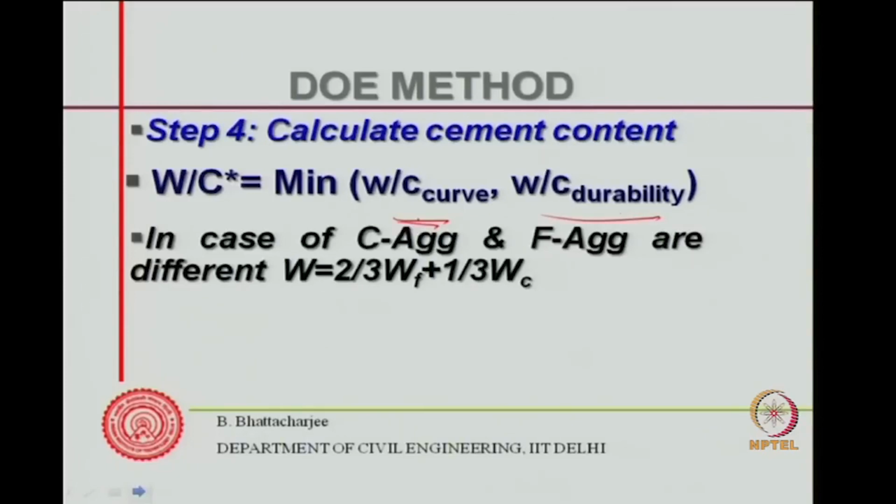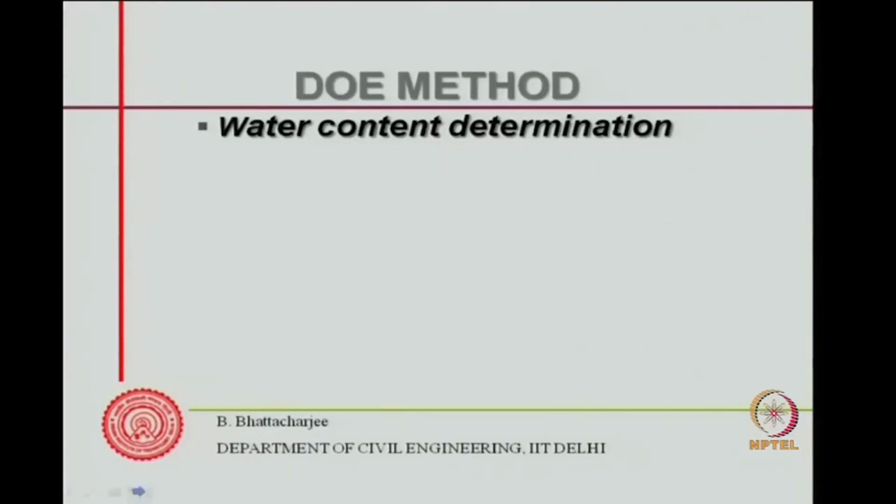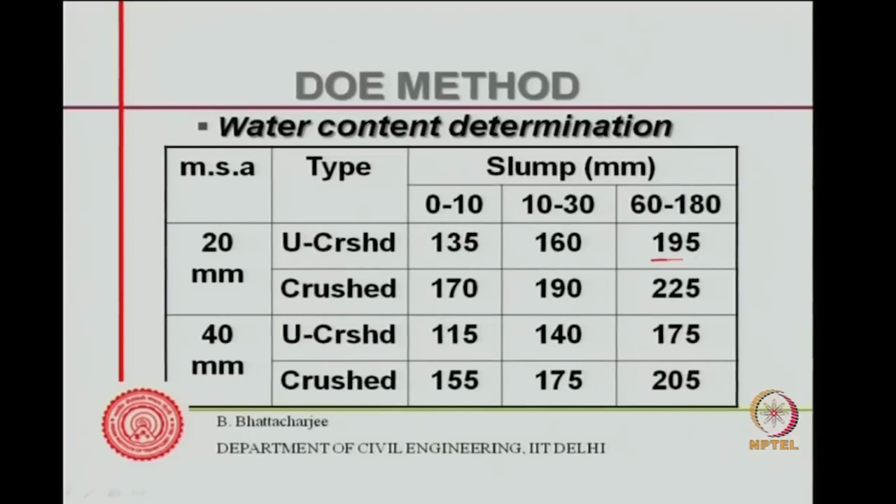If you have coarse aggregate and fine aggregate, and one of them is crushed, the other is not crushed, say coarse aggregate is crushed and fine aggregate is natural, then you take 2/3 water for fine aggregate and 1/3 for coarse aggregate. So for example, this is 195, for crushed it is 225.